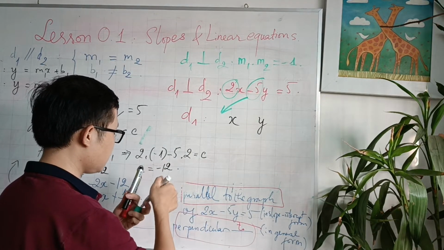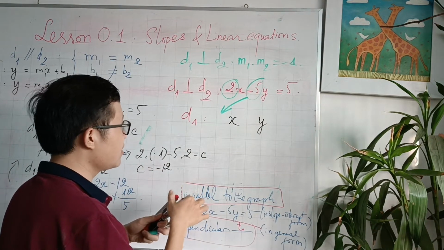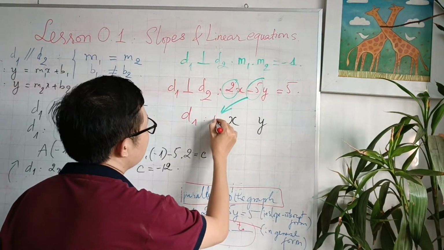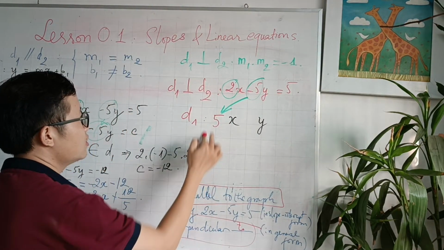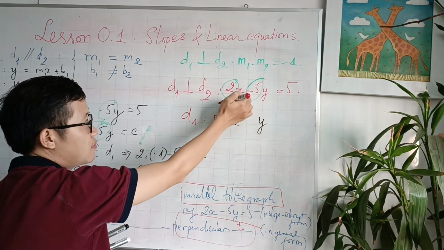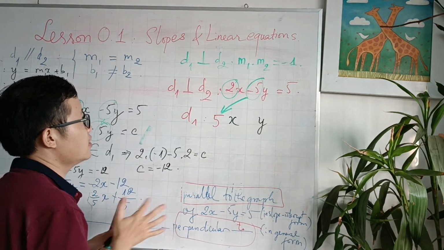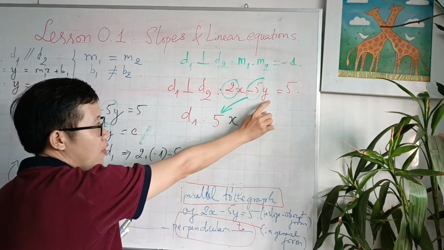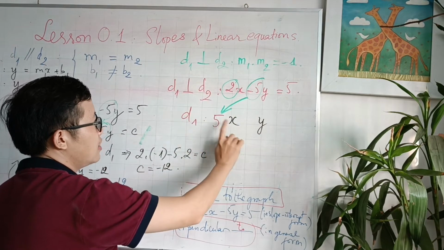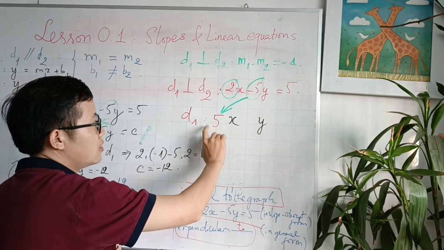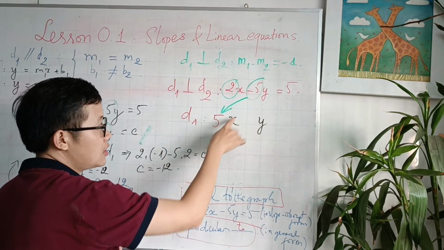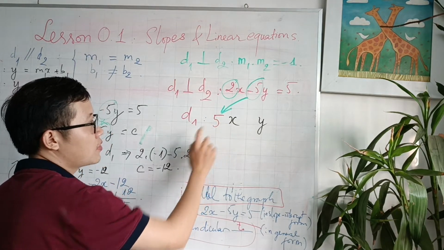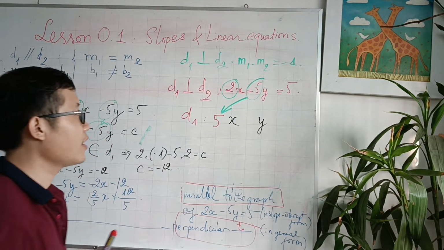-5 now becomes 5. It did not have a negative sign before. Before, it was the coefficient of y in D2, and now it is the opposite: it is before x, not y.